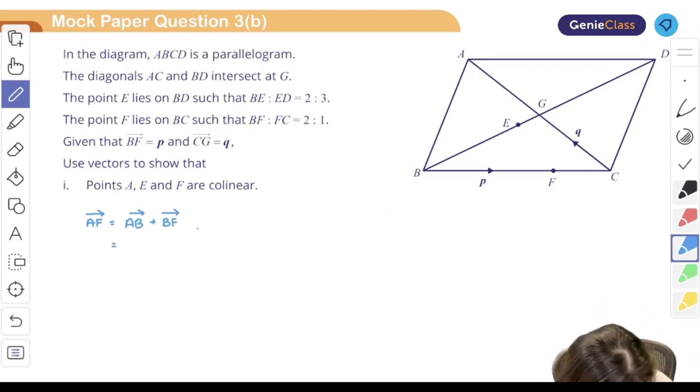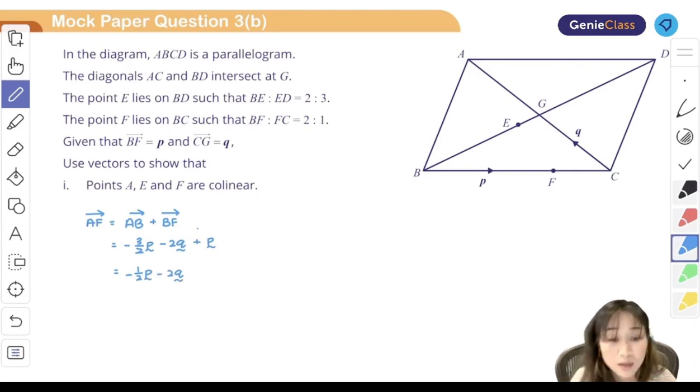So AB is negative 3 over 2p minus 2q plus BF, which is just vector p. And we simplify this to get negative half p minus 2q.